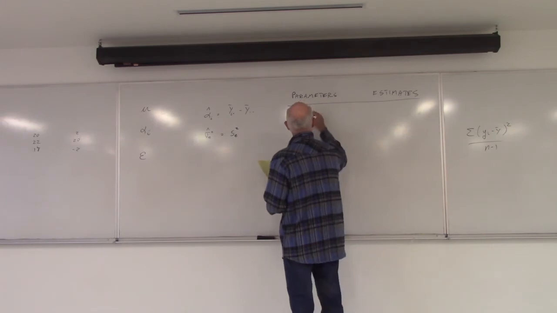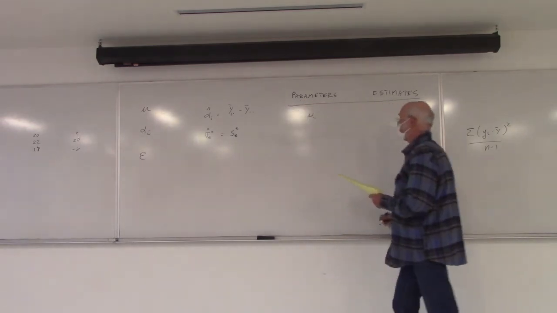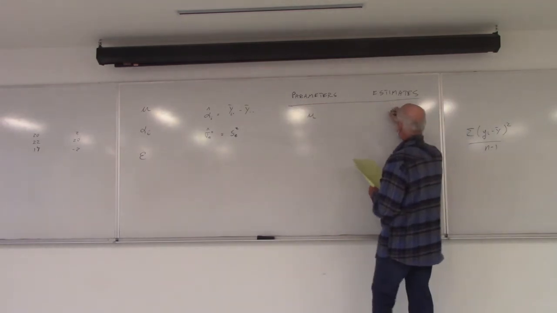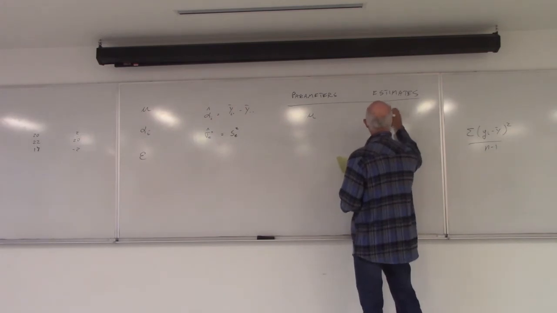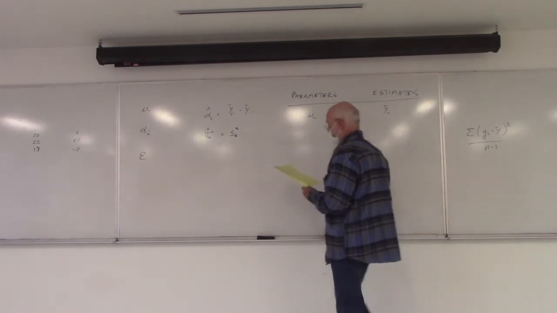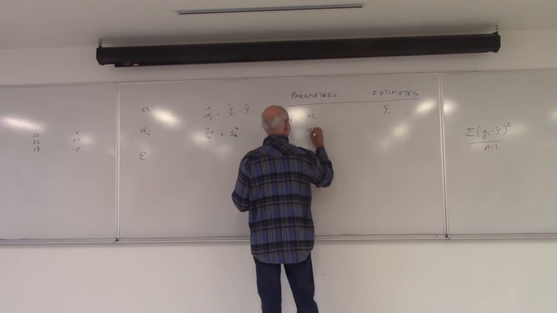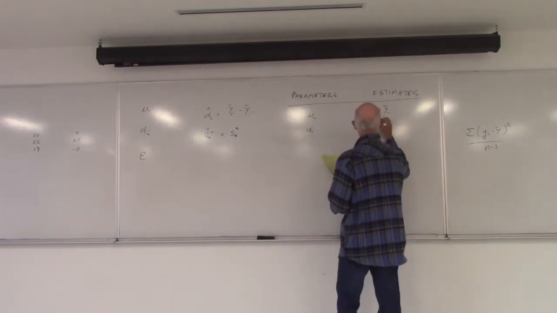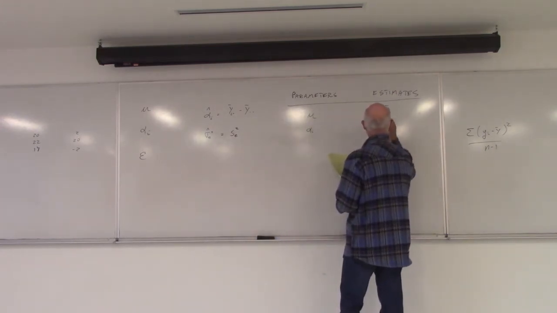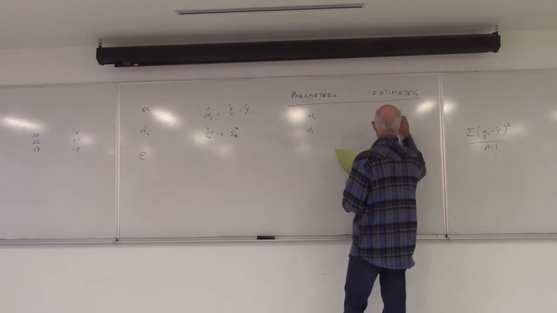For mu, that's our parameter. Our best estimate of mu is y bar dot dot. Our best estimate of alpha i is going to be y i dot bar minus y bar dot dot.